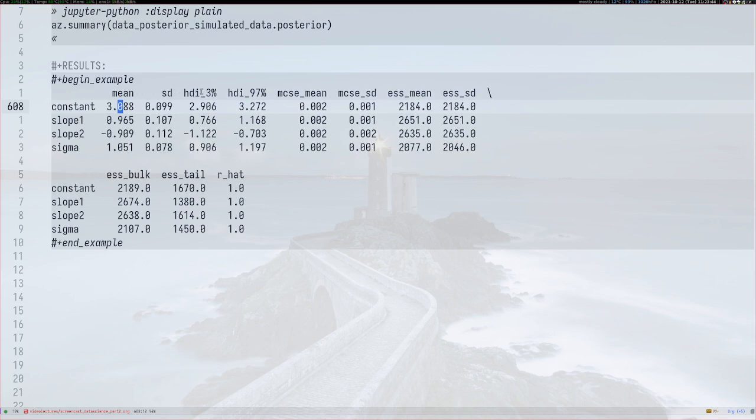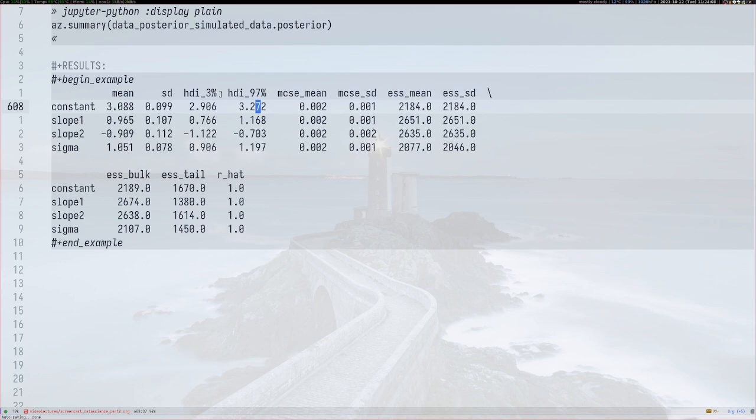Another way to look at the distribution is to look at the 95% confidence interval. The numbers in this column, so between these two values, in this case for the constant between 2.9 and 3.3, is 95% of the mass of our parameter.